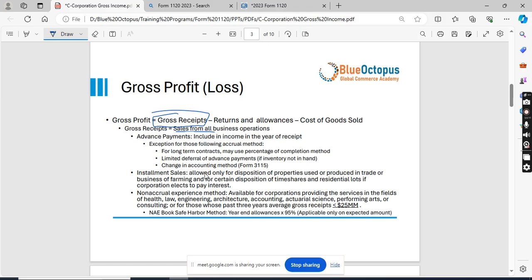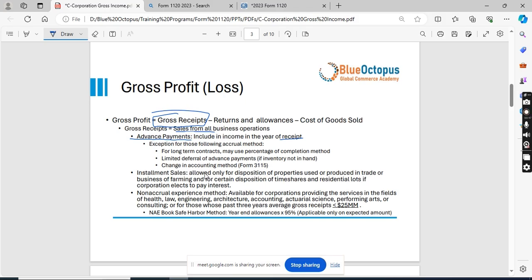Now there is a catch. There are certain things you need to keep in mind while considering the income in gross receipts. First come advance payments. So if you are an accrual method company or cash method company, you may have to record the income when you are receiving it, so it will be included in the year of receipt.